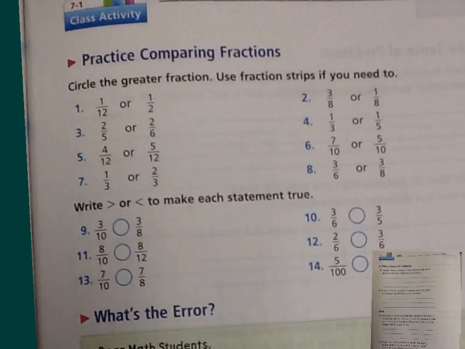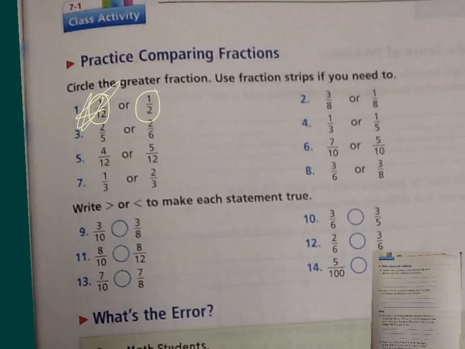Okay, this first one here is telling you you're getting 1 out of 12 or 1 out of 2. Hopefully you know that 1 out of 2, because remember, same numerator, different denominator, you take the smaller denominator.